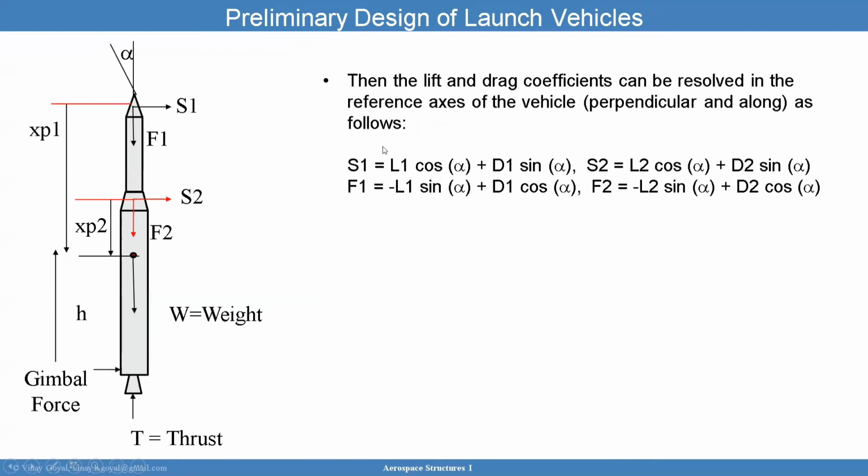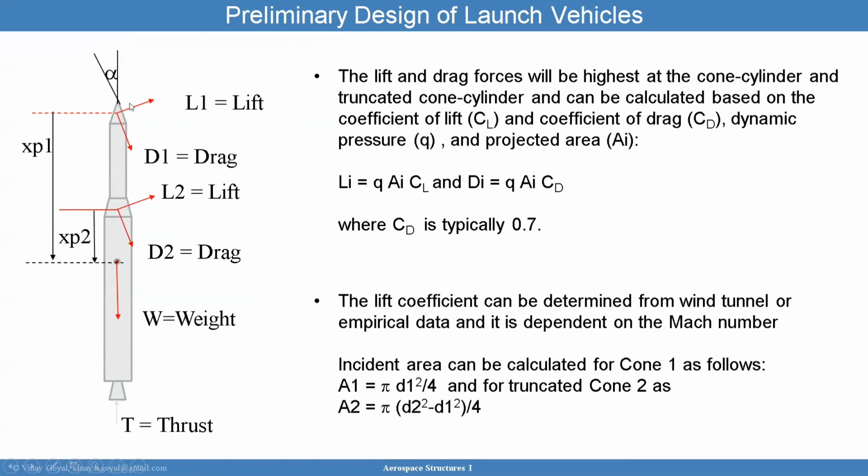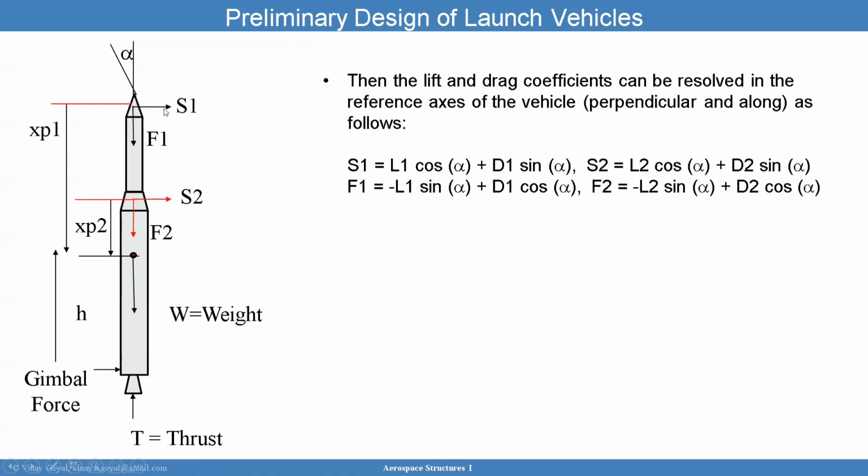When I do that, I get L1 cosine alpha plus D1 sine alpha for S1. And for S2, you get L2 cosine alpha plus D2 sine alpha. You can see that here, L1 cosine alpha goes that way and D1 sine alpha goes to the right, so it adds up. And the same thing for this one here.